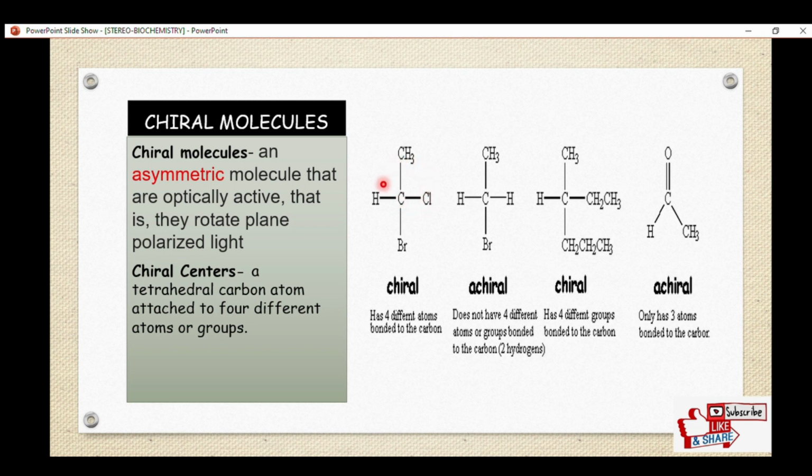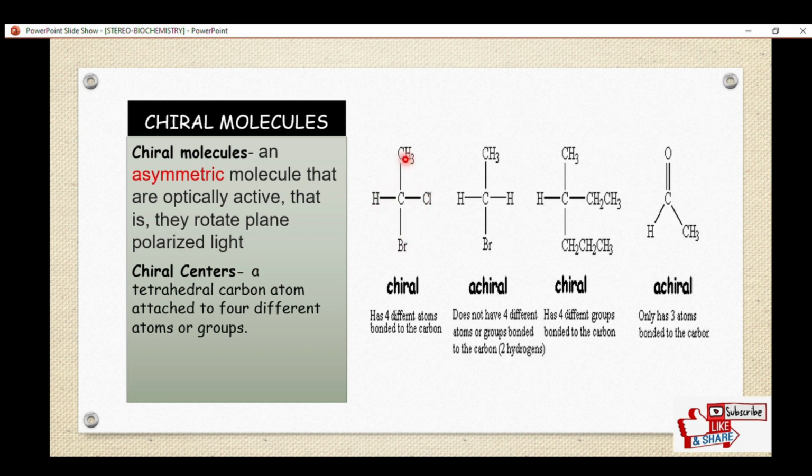Because it's surrounded by four different groups of atoms, hence the name tetrahedral. This carbon here is chiral because it is not symmetrical. That means it's asymmetric because we have different groups of atoms around this carbon. So hydrogen is different, this is different, this is different, this is different.